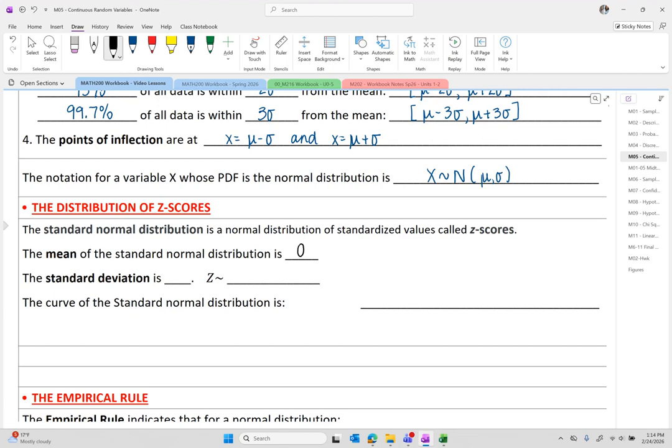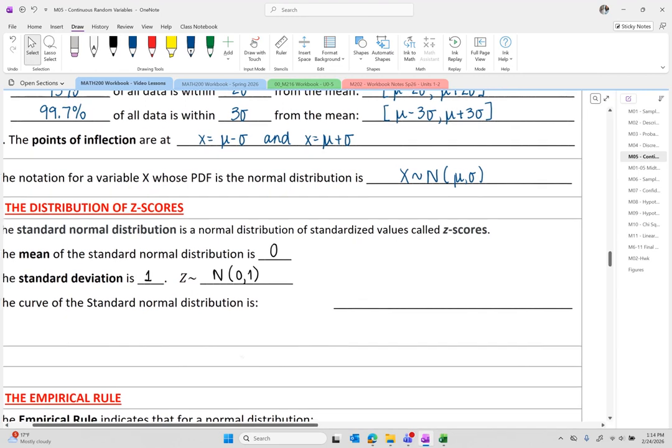The standard deviation is equal to 1 because when this distance x minus the mean is divided by the standard deviation, if you are 1 standard deviation away from the mean, then you will have a z-score equal to 1. So z is a variable that follows a normal distribution with mean 0 and standard deviation equal to 1.